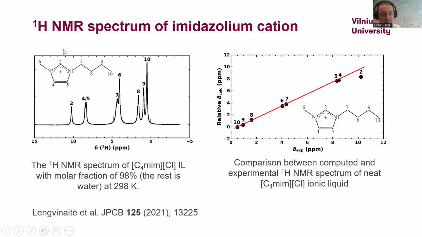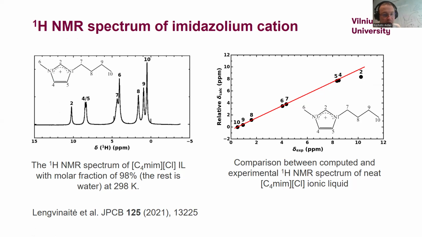These are usually the anions in the ionic liquid, but it could also be water molecules if we have mixtures with water. So the chemical shift of this proton at the second position turns out to be very sensitive to the structure and the nature of the environment close to this imidazolium ring. In this way, we can use the chemical shift of the proton at the second position as a structural probe of its immediate environment. So this is nice.